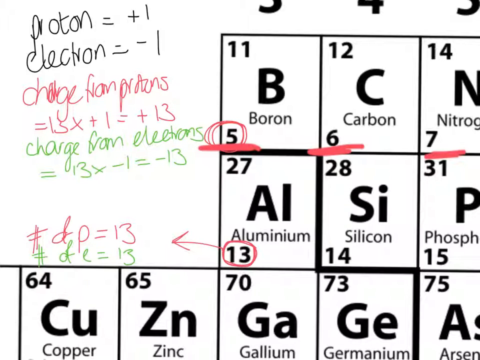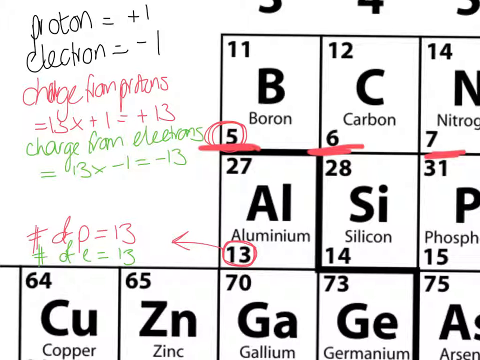So what we find in an atom is the number of protons is always equal to the number of electrons. So why aren't the neutrons involved in this? Well, if you think back to our table of relative charge, neutrons have an overall charge of 0. So they aren't involved in this.